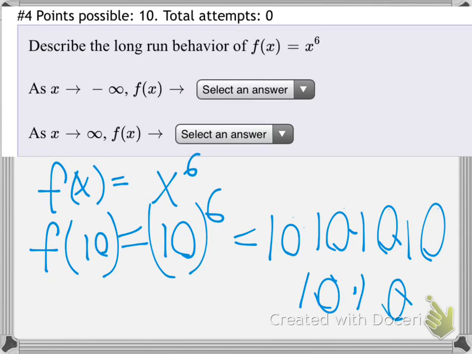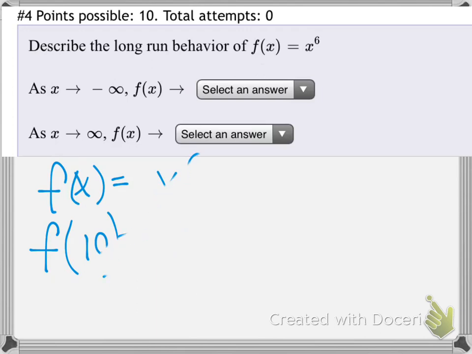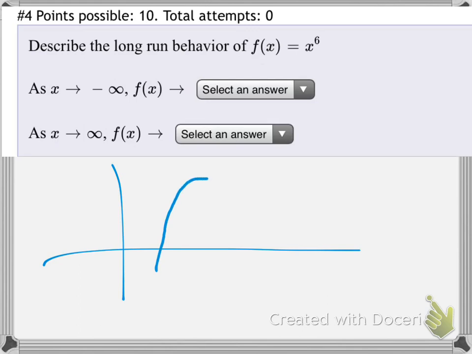So from there, that's how the function behaves. But the long-run behavior is referring to, well, what happens if we start plugging in gigantic numbers for this function? Sometimes you're graphing the function and it's increasing for a while, then it decreases, and it looks like forever after that it's just going to decrease.